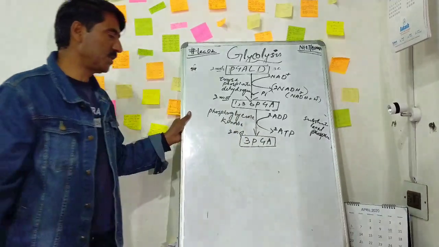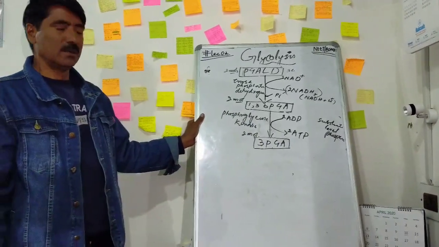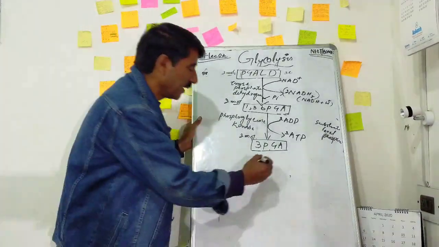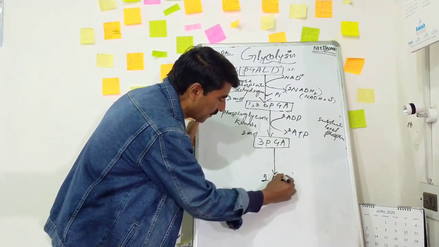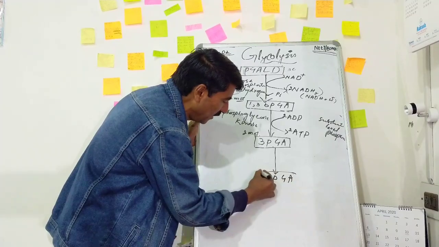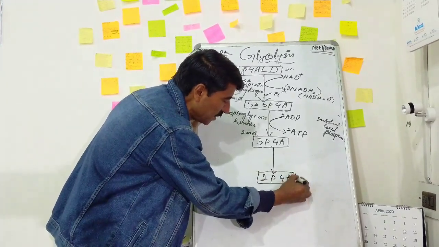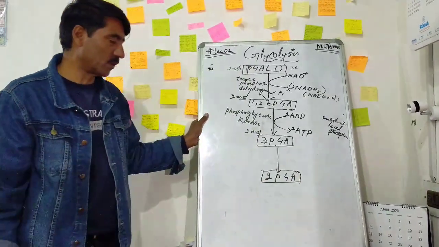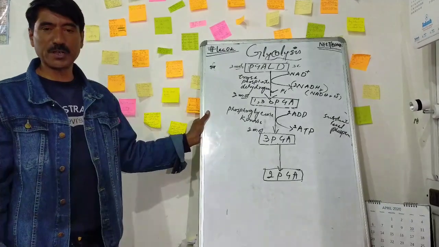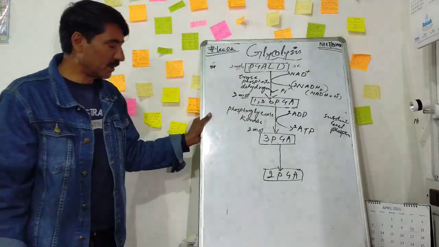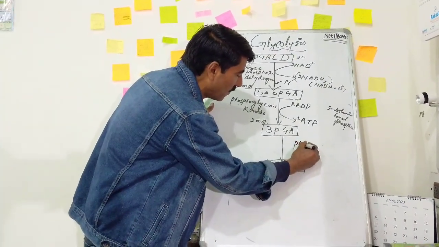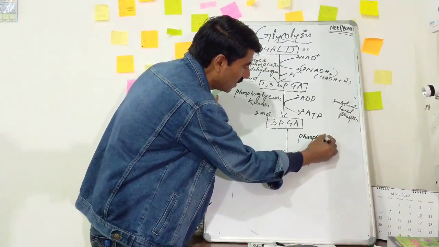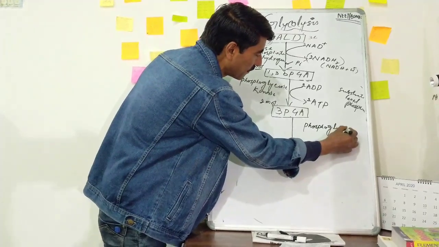Now this 3-PGA, that is 3-phosphoglyceric acid, gets converted into 2-phosphoglyceric acid. As you see here, there is only a mutation or change of the phosphorus group from position number 3 to position number 2, and this takes place in the presence of the enzyme phosphoglycerate mutase.